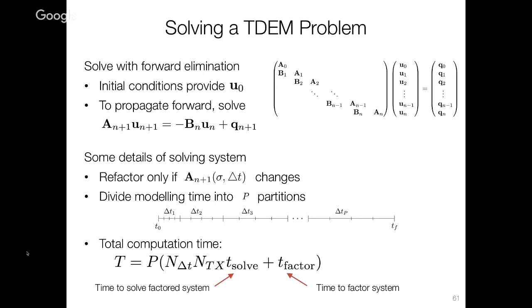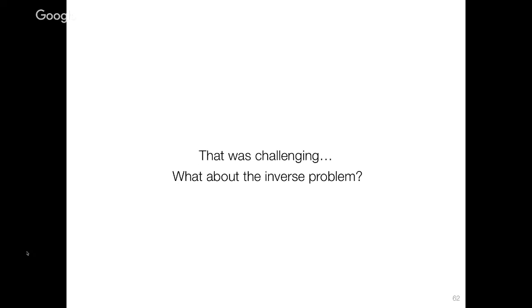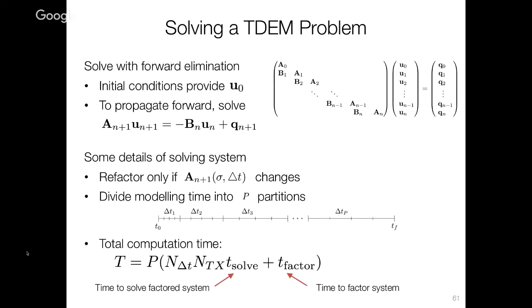And in the end, the total computation time is given by something that you can figure out: the time to factor the matrix, and then the number of times you actually have to solve versus the solving time of each solution, and then the number of time groupings that you're using for the whole time problem, which is usually anywhere from 5 to 10. So you could appreciate that that's a challenge. So we need to do that, but that's just solving the forward problem.